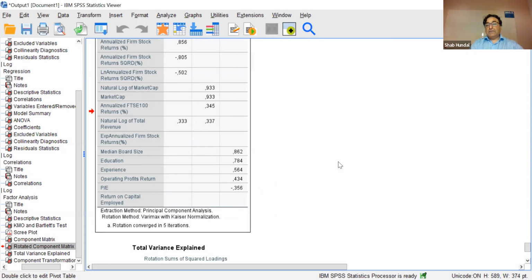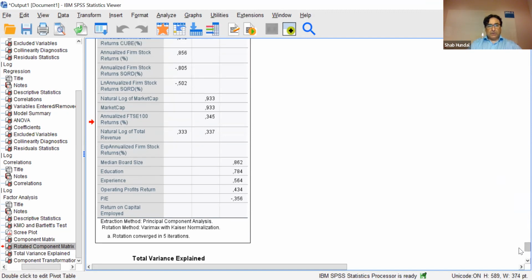It must be that the return on capital employed value is less than 0.3. And I gave a command in SPSS that any value which is below 0.3, I don't take it. So the return on capital employed is not to be analyzed. So this way, we can form 3 different factors or components.